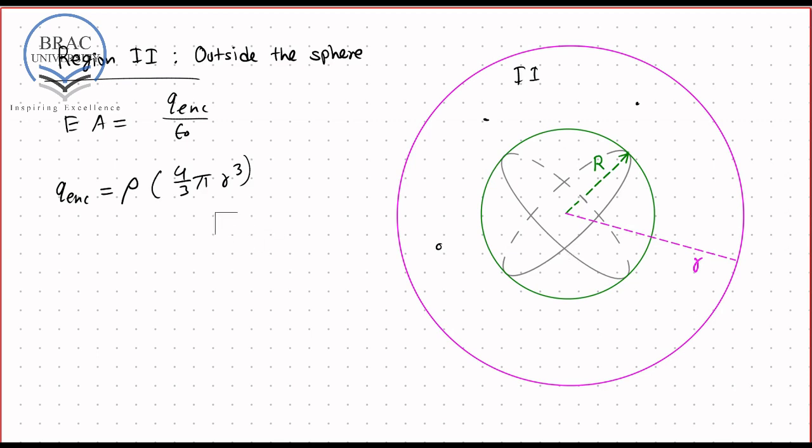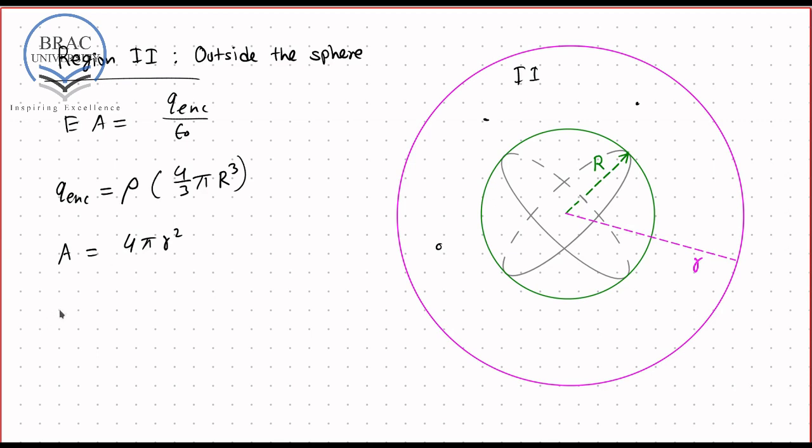Therefore, we can't use small r here, unlike the previous case. Here it is big R, only the sphere, the green sphere. So that's the Q enclosed. Now, what is the surface area? Here you can't use 4 pi big R squared, because this area is the surface area of this purple sphere, the Gaussian sphere. Therefore, it must be 4 pi small r squared.